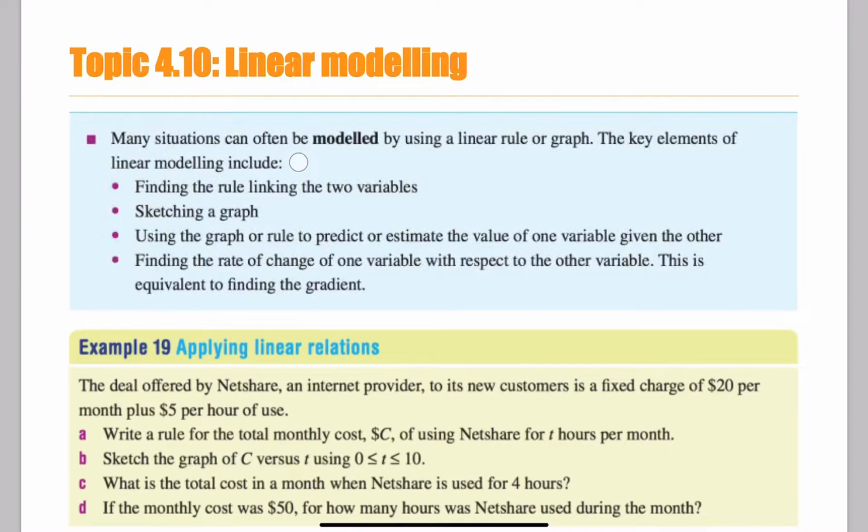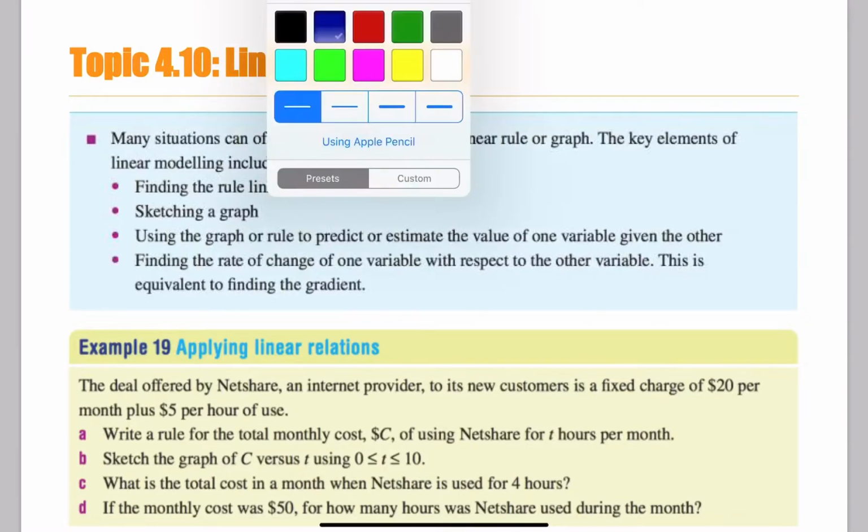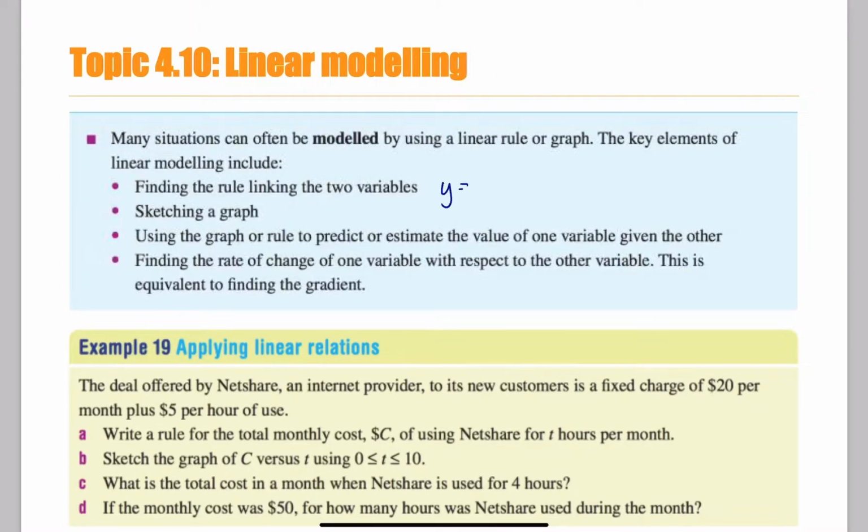Many situations often can be modeled by using a linear rule or graph. The key elements of this modeling include finding a rule linking the two variables. This rule is always going to be in the format of y equals mx plus c, okay? So that's something that we should never forget because that is our linear rule. Sketching the graph, so we're sketching the graph with a y-axis and an x-axis.